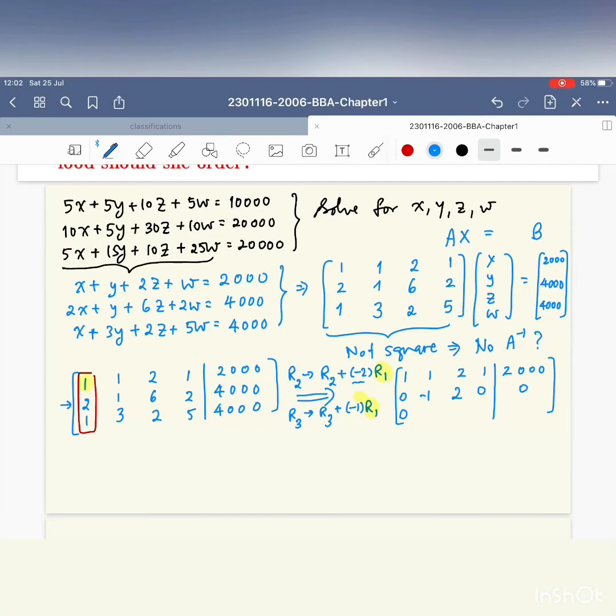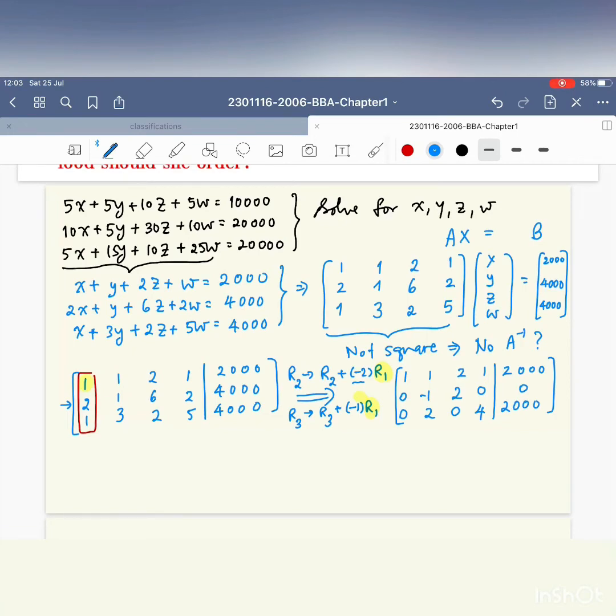All right. And the next one is your R3 minus your R1. So 3 minus 1, it is a 2. 2 minus 2, it becomes 0. And 5 minus 1, it is a 4. And 4,000 minus 2,000, it is another 2,000, right?